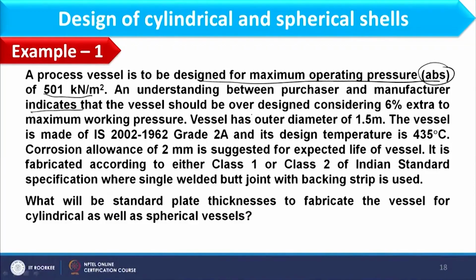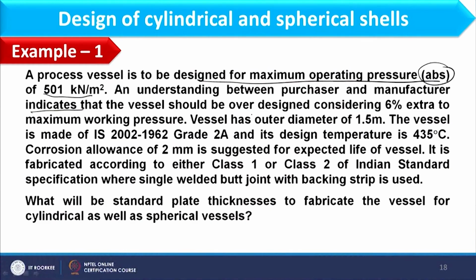Now, we will solve a few examples to demonstrate how the thickness of cylindrical as well as spherical vessel will be computed. So, let us focus on example 1, where a process vessel is to be designed for maximum operating pressure absolute. You see here absolute is given, which is 501 kilonewton per meter square.